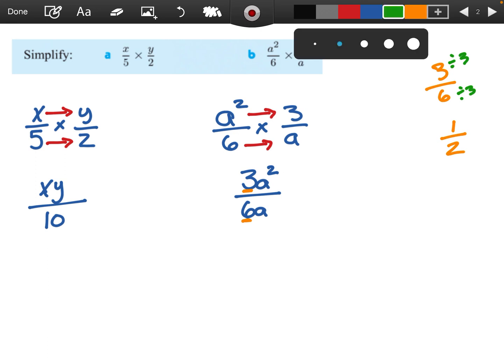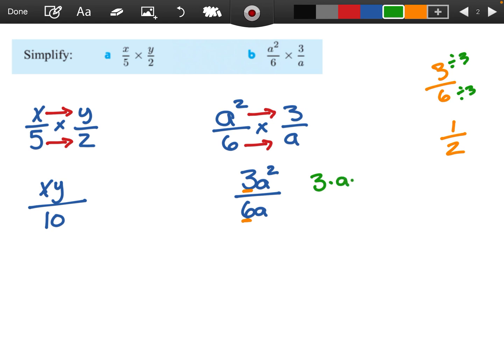Then I look at the letters. Can I reduce the letters in any way? On the top, this is like 3 times a times a. On the bottom, this is 6 times a. So one of those a's can cancel out with the other one. And then if this becomes a 1, and that becomes a 2 for the 1/2 that we just figured out over here, then I can reduce that on the top to 1 times a.